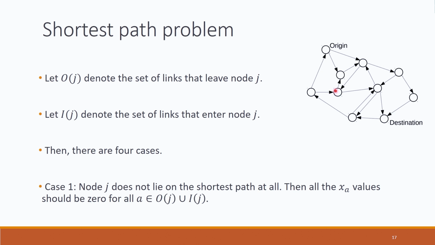Now if you consider this node here, then there is no link entering this node J that has been selected in the path, and similarly there is no link exiting this node that was selected in the path. So for such nodes, all the links, whether incoming or outgoing, will have xa equal to 0.